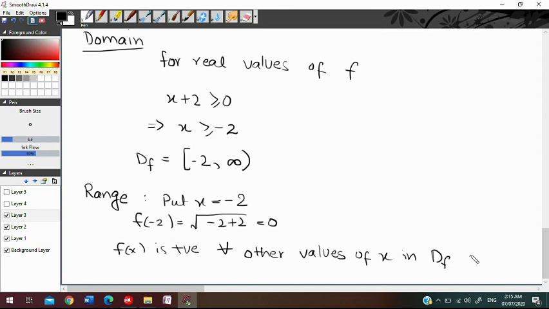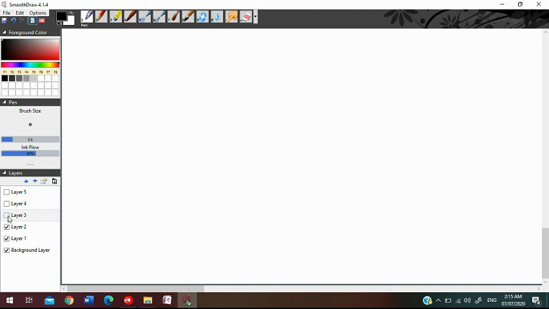So the range of this function is 0 to infinity.